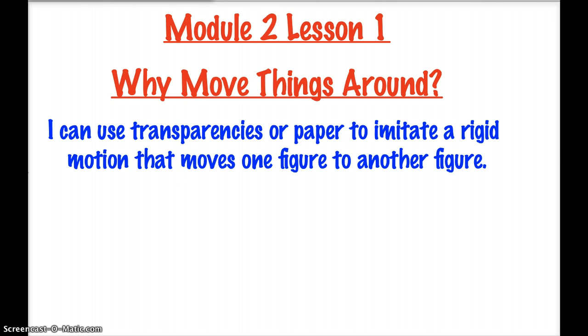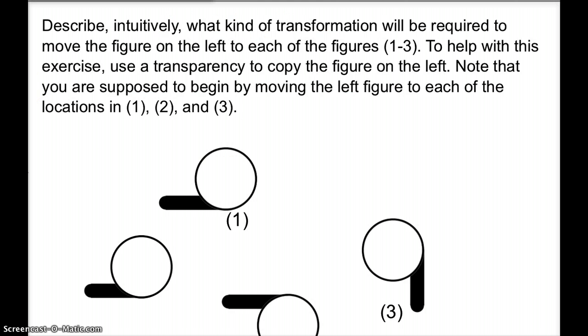So let's look at your note sheet, and problem number 1 right there on the front says to describe intuitively what kind of transformation will be required to move the figure on the left to each of the figures 1 through 3. To help with this exercise, use a transparency to copy the figure on the left. Note that you are supposed to begin by moving the left figure to each of the locations in 1, 2, and 3.